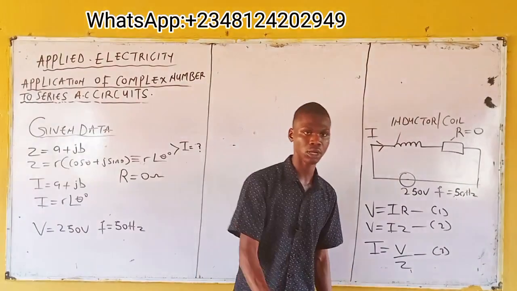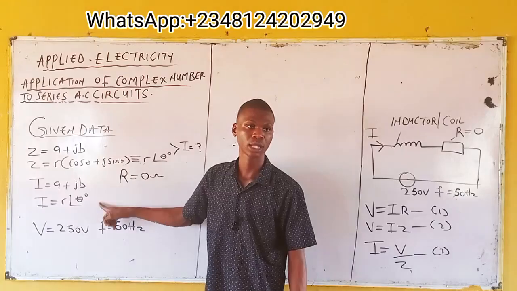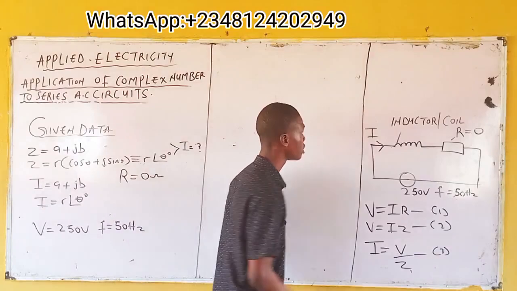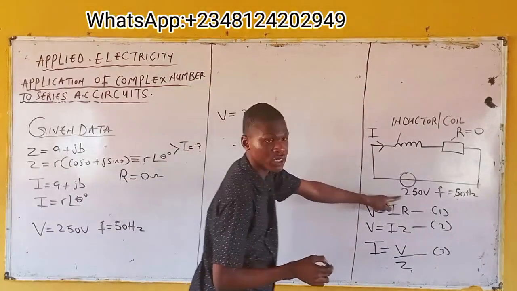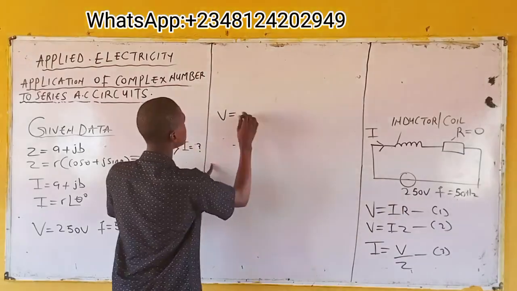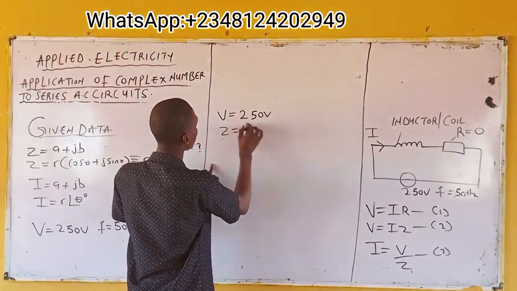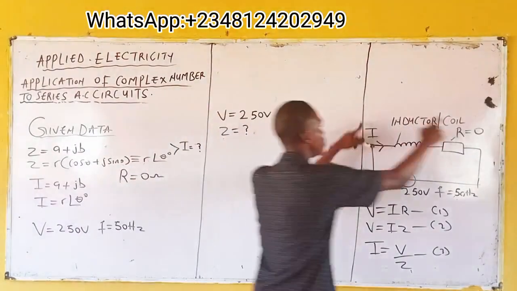By the time I know the current, I'm going to express the current in polar form and Cartesian form. So what are the unknowns? V is given to be 250, so V is not unknown. Z is unknown. By formula, what's Z? Check this circuit.